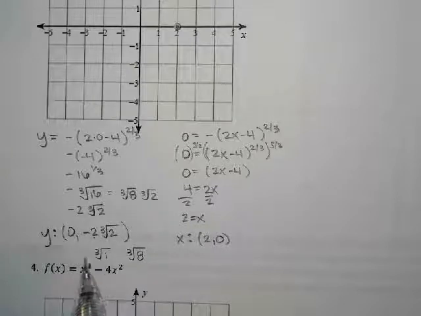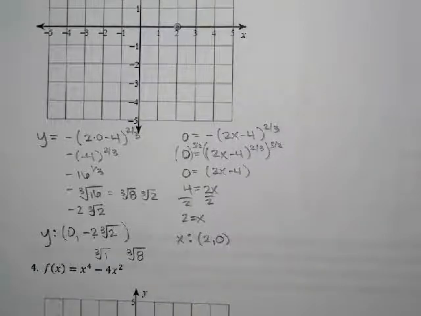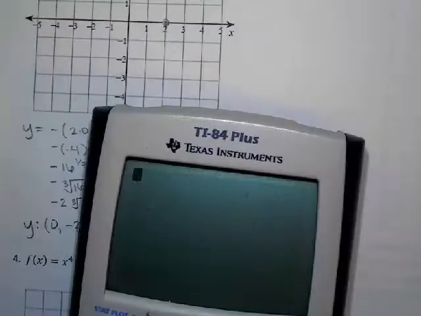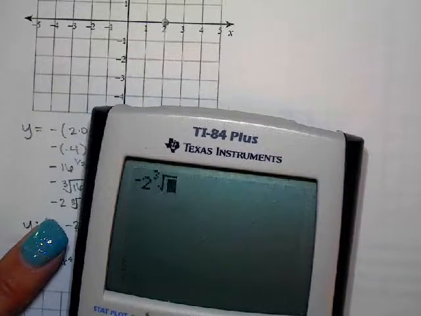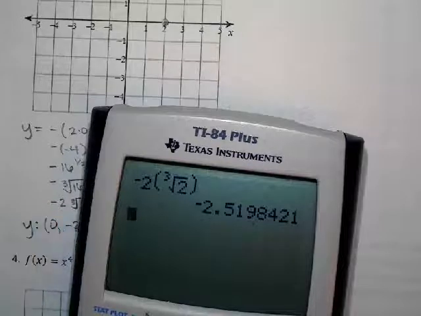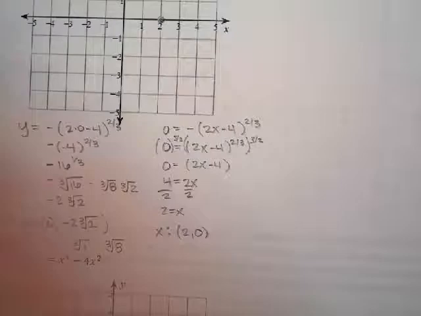So it's a little bit more than negative 2. It's hard to guesstimate that decimal. I'm just going to cheat real quick and see what that is. Cube root 2. Negative 2.5. Did not see that coming.